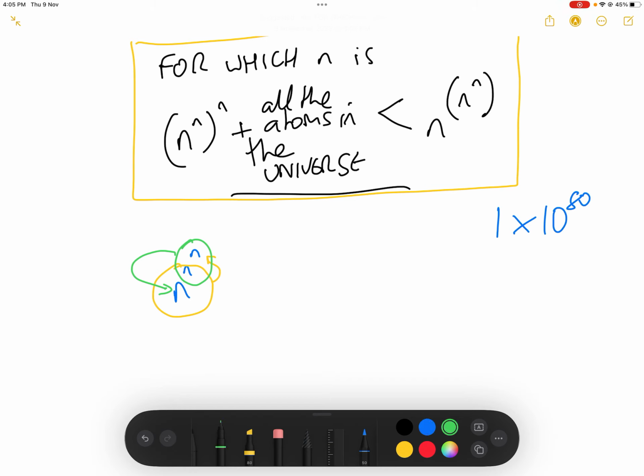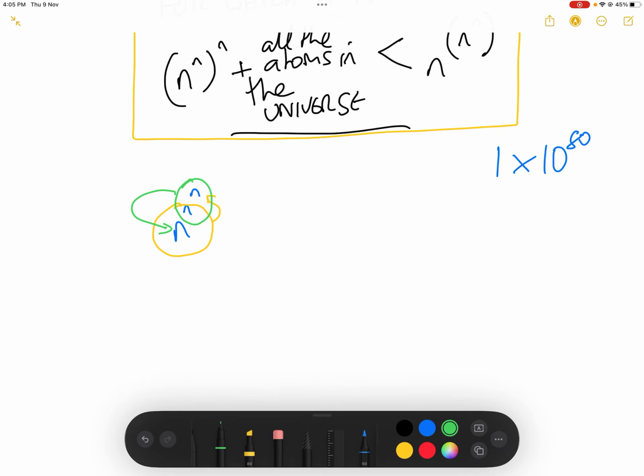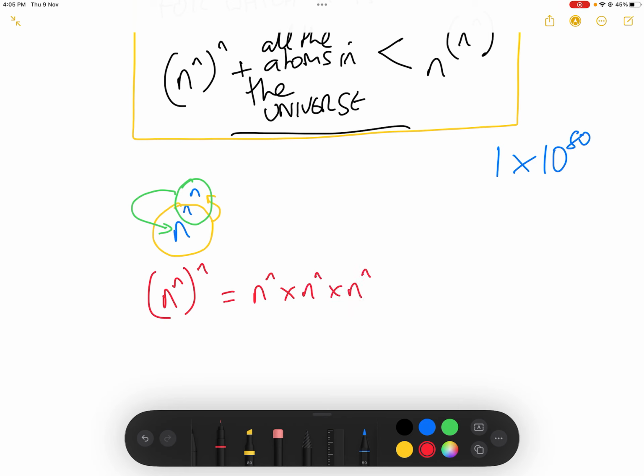So let's have a look. First of all, (n to the power of n) to the power of n. That basically is n to the power of n times n to the power of n times n to the power of n, and so on.